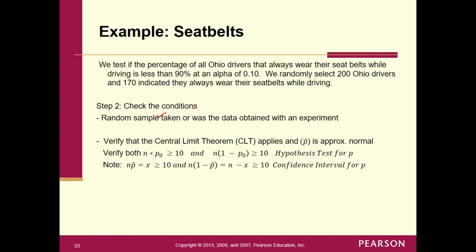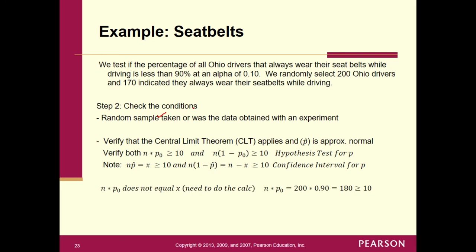Now I told you, remember that for a confidence interval, it would be n times p hat because we don't have an estimate for p sub 0, right? We don't have an assumption for it. And remember, that would just be equal to x. Well, n times p sub 0 does not equal x. And n times 1 minus p sub 0 doesn't equal n minus x, okay? And so we actually have to do the calculations here, all right?